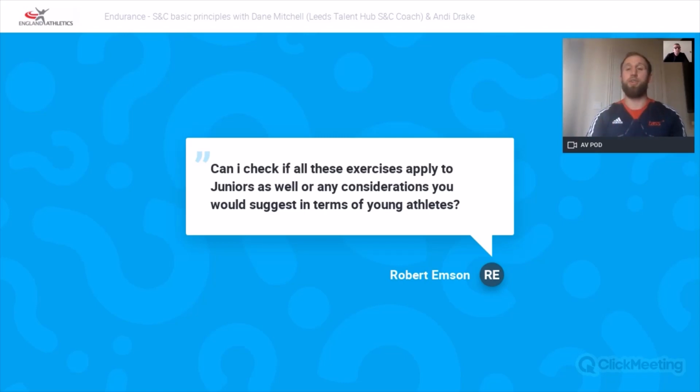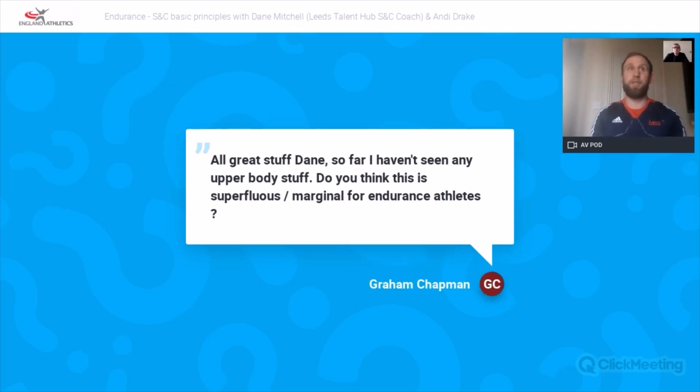We need to teach junior athletes technique first before we add external load. So technique, technique, technique. If I get young athletes in the gym, we'll have them squatting just a broomstick, doing things like that, and first of all controlling their own body weight before we add external load. But the categories of exercises all apply. We still do squatting, hinging, stepping, lunging patterns. We still do posterior chain work, core work, calf work, gluteal work, things like that.